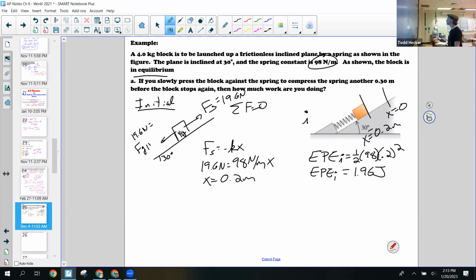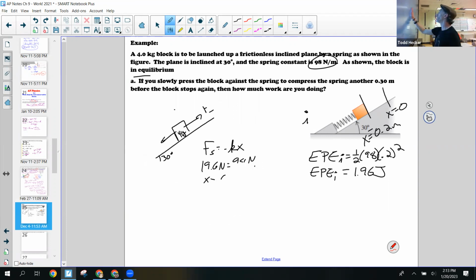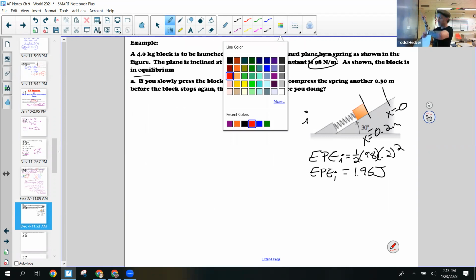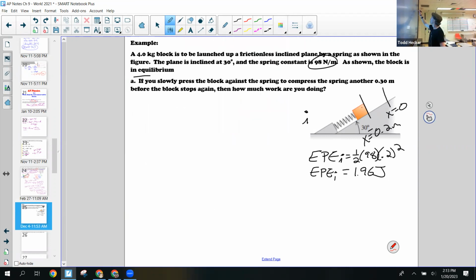Okay. Now, in part A, what we're going to do is take the spring and compress it another 0.3 meters to x equals 0.5. So the 0.2 plus the 0.3 gives us 0.5.